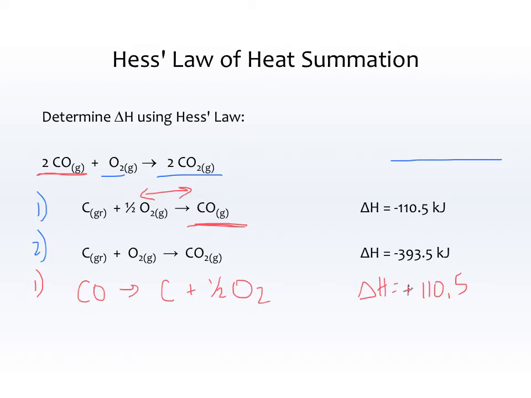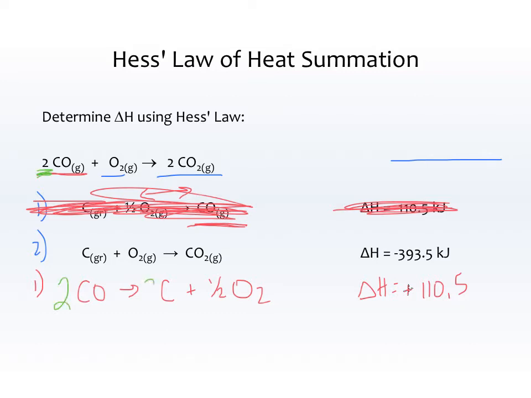Now I'm going to obliterate what we had here so I don't get confused and think that I haven't used this. I'm just going to cross that out. So now, another step, we're going to try to make sure the top matches the bottom. This was 2CO. And so if I need 2CO, I'm going to double everything. 1/2 times 2 is just a 1. And then multiply this by 2.